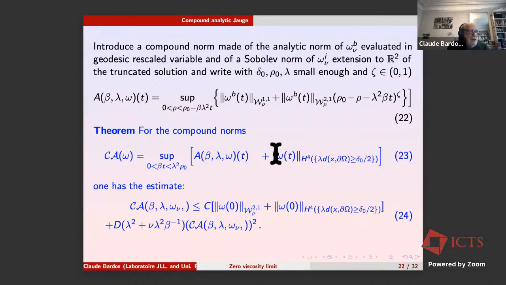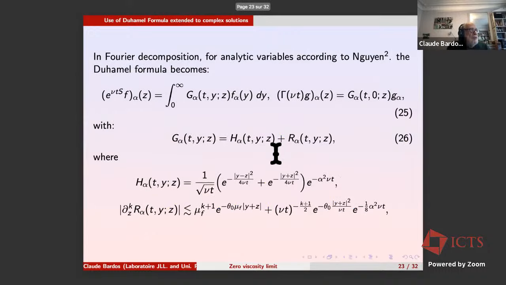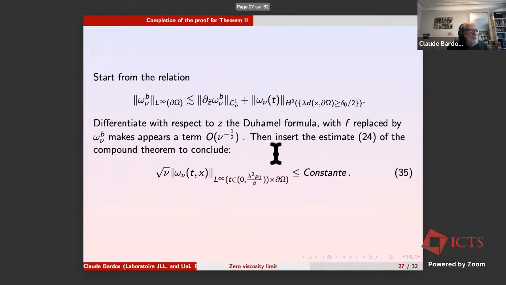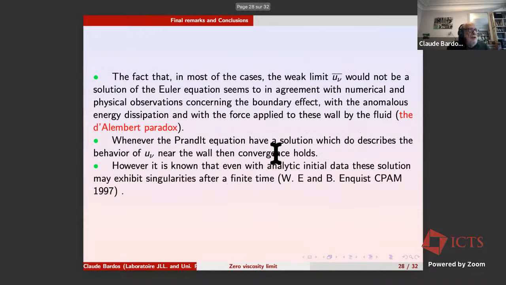Okay, I can make just some small remarks to finish. And there I can make some conclusion, which I made already whenever I started this program, and they come all the way. The fact that in general, we don't expect that the weak limit will be everywhere the solution of the Euler equation.